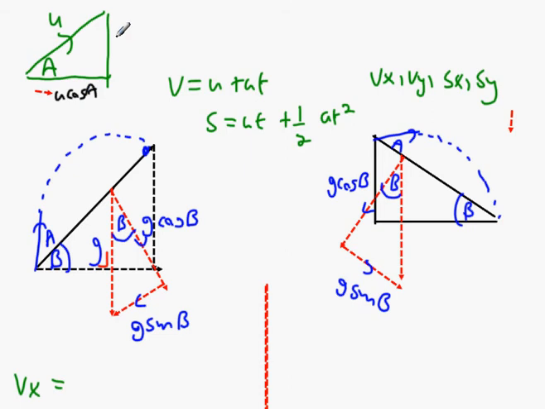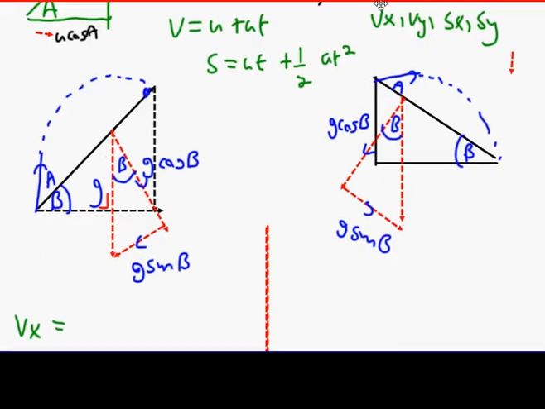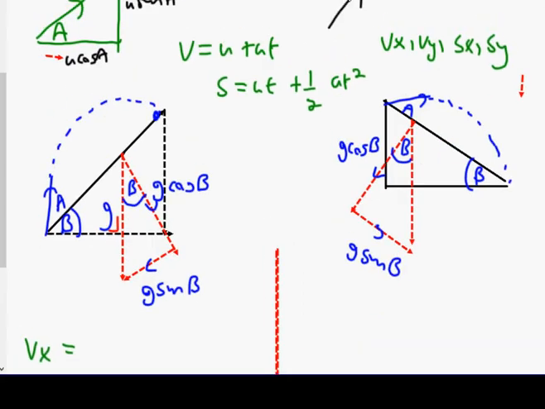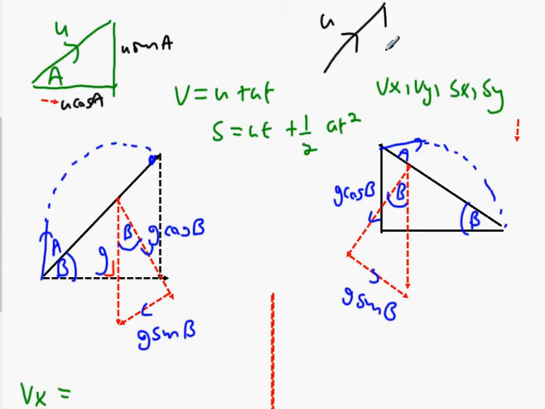The other one is u sin a, and it's the same thing here. This part here, we're going to say is basically u going this direction here. And then we're going to have u cos a, u sin a. Everybody alright with that?